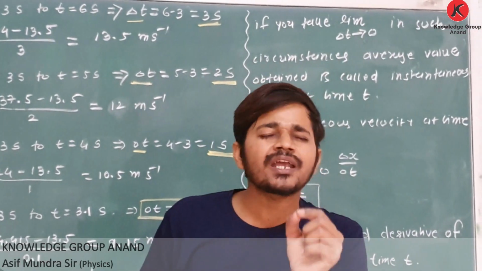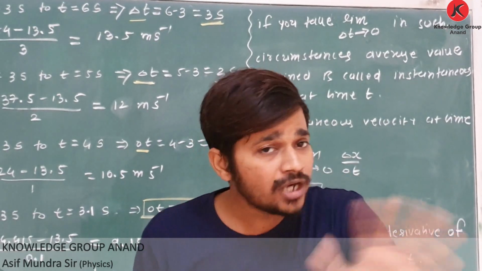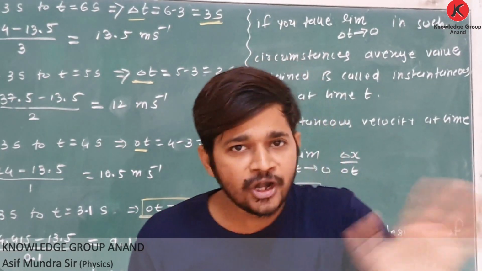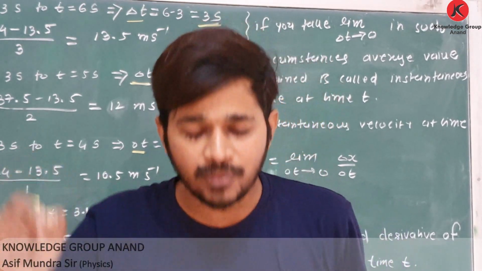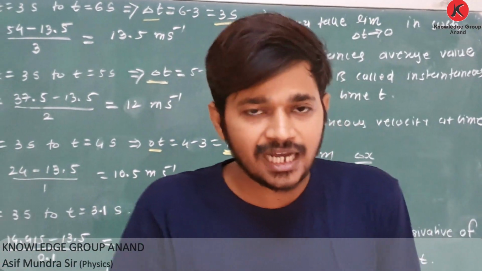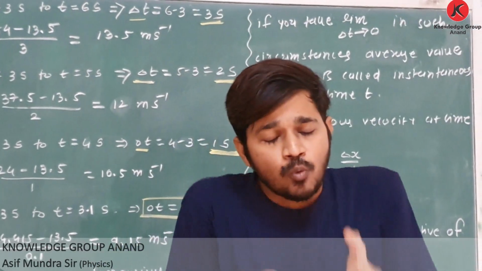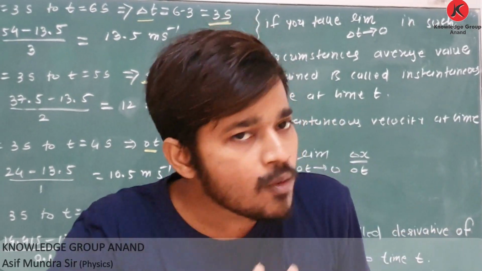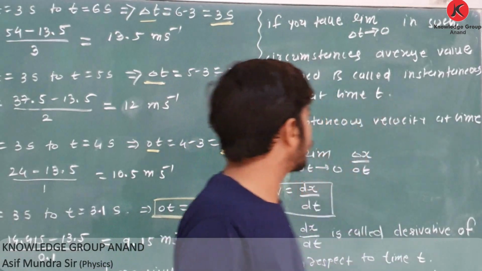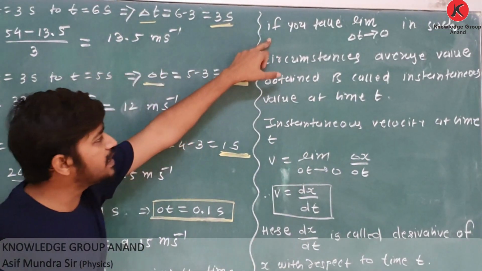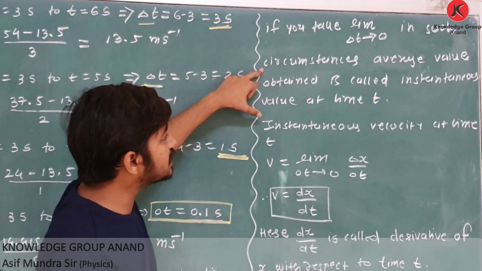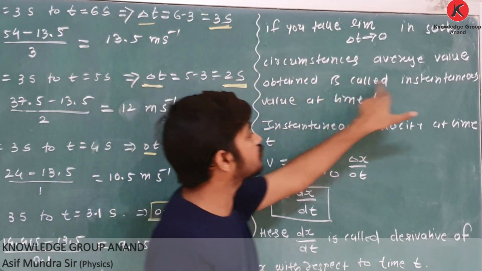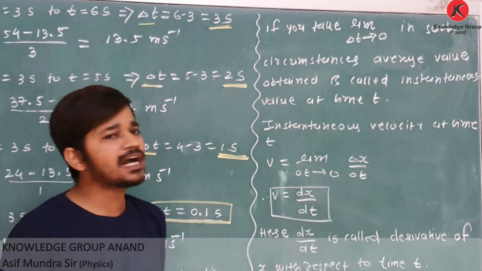Near to 0 means very, very small, but not 0. So if you take the limit delta t tends to 0, the time interval is very, very small. In such circumstances, the average value obtained is called the instantaneous value at time t.